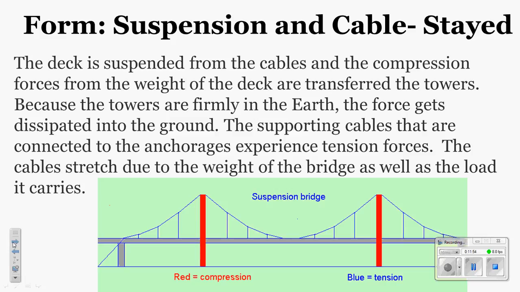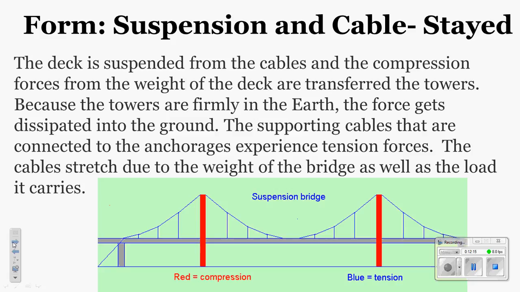So on suspension and cable stay, the deck is suspended from the cables and the compression forces from the weight of the deck are transferred to the towers. Because the towers are firmly in earth, the force gets dissipated into the ground. So the supporting cables that are connected to the anchorages experience tension forces.